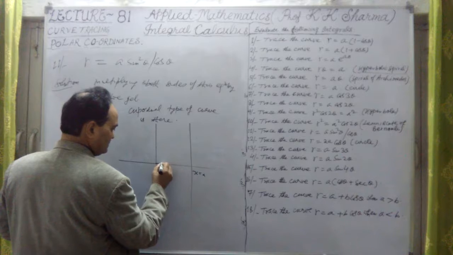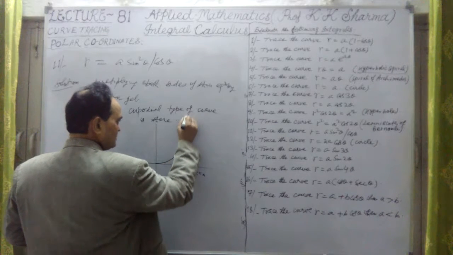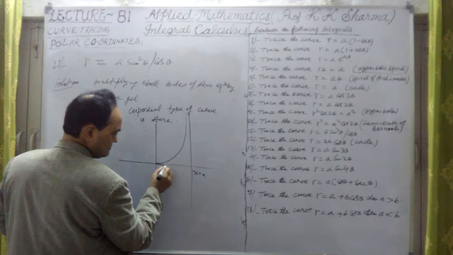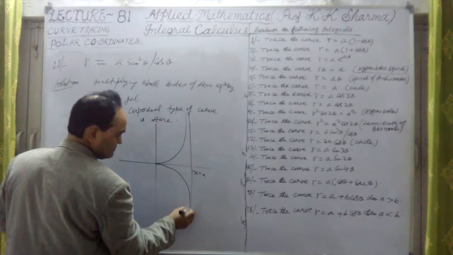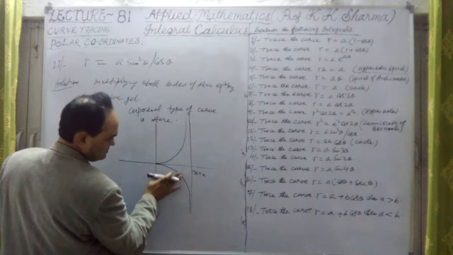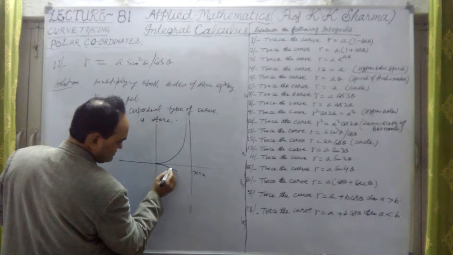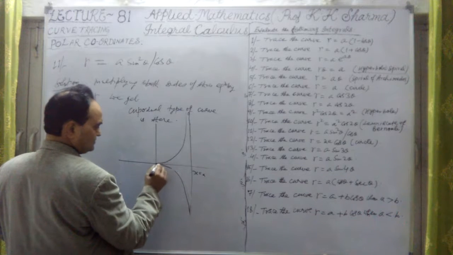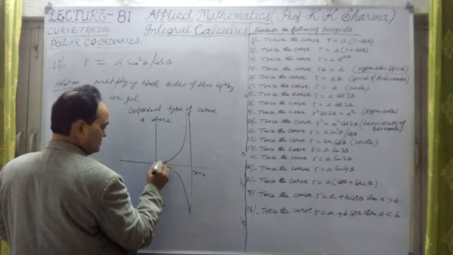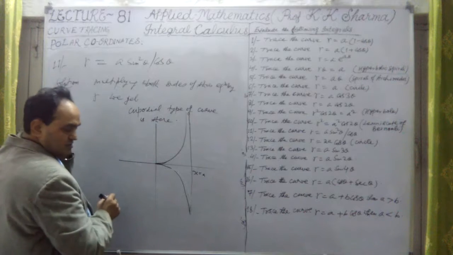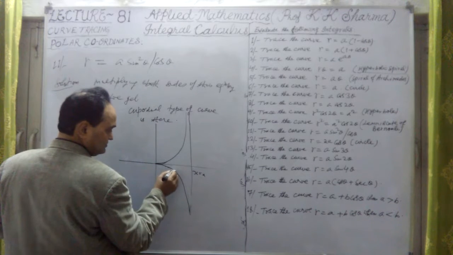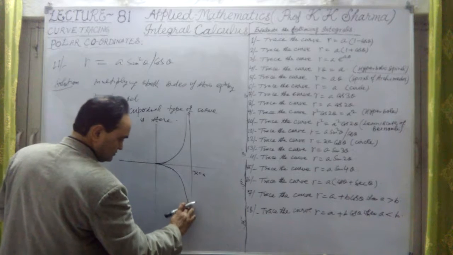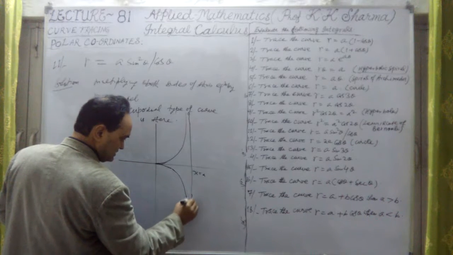So this is a cuspidal or cusp type of curve, the first species of cusp, and we have taken it at x equal to a.